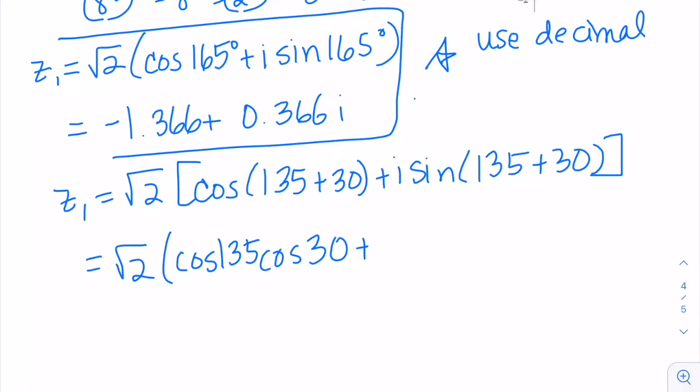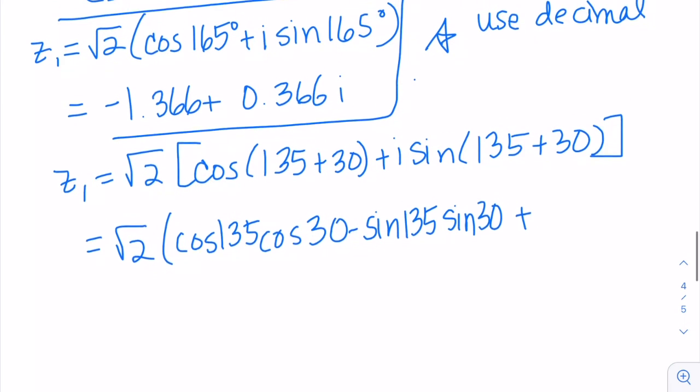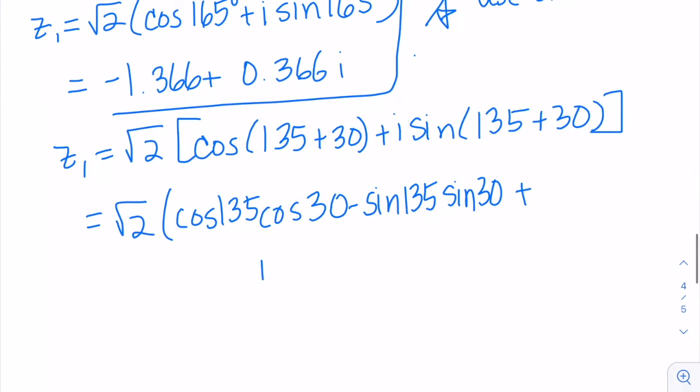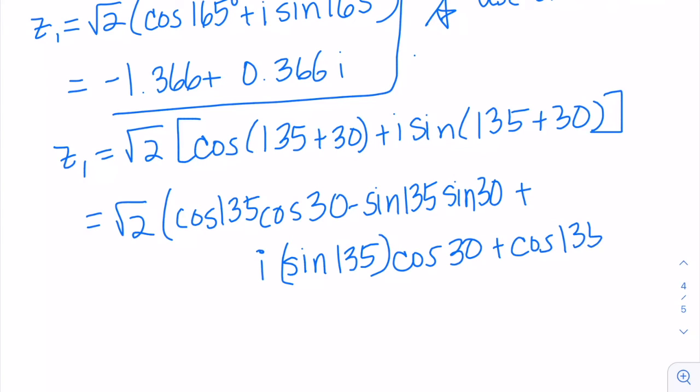So it's getting a little sloppy. Use the formula, so it's minus sine of 135 times sine of 30. I think I'm going to run out of room here, so I'm going to just write this here. So I times the sine of 135 times the cosine of 30. Just using parentheses to try to separate that. And then cosine of 135 times the sine of 30.